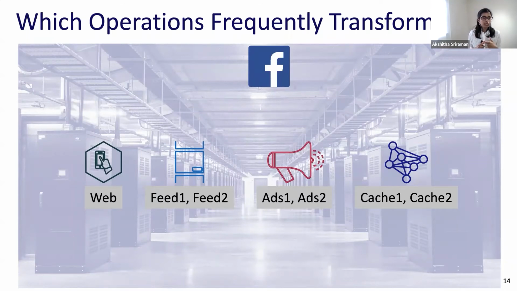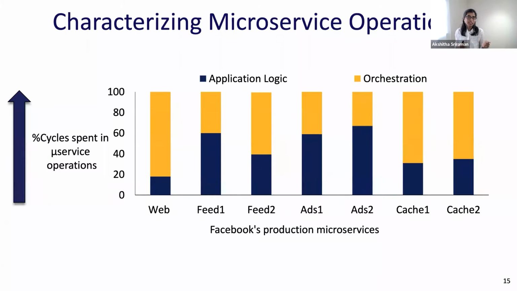So Web, which is Facebook's, or I guess Meta's, front-end microservice; Feed 1 and Feed 2, which are a couple of microservices that go into Facebook's newsfeed application; Ads 1 and Ads 2, which are advertisement-related microservices that very typically perform things like ads ranking and indexing operations; and Cache 1 and Cache 2, which are very similar to modern-day key value store services. So what we did first is we went about characterizing the operations performed by these Facebook microservices.